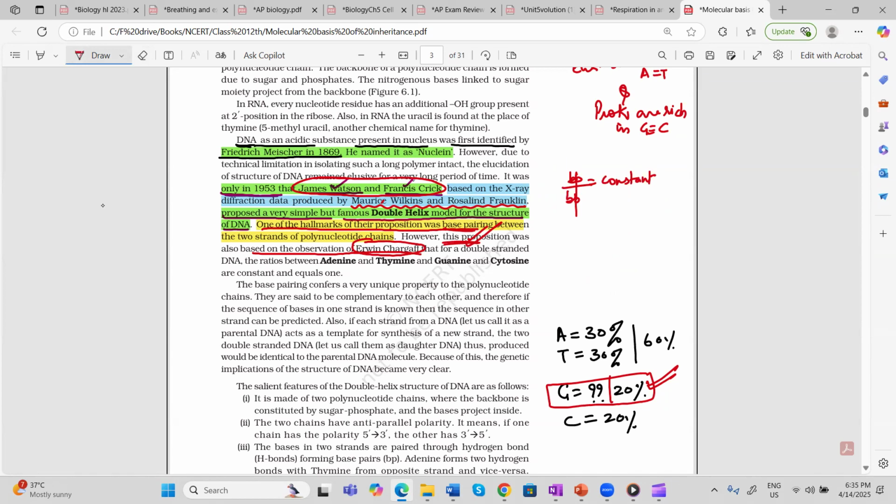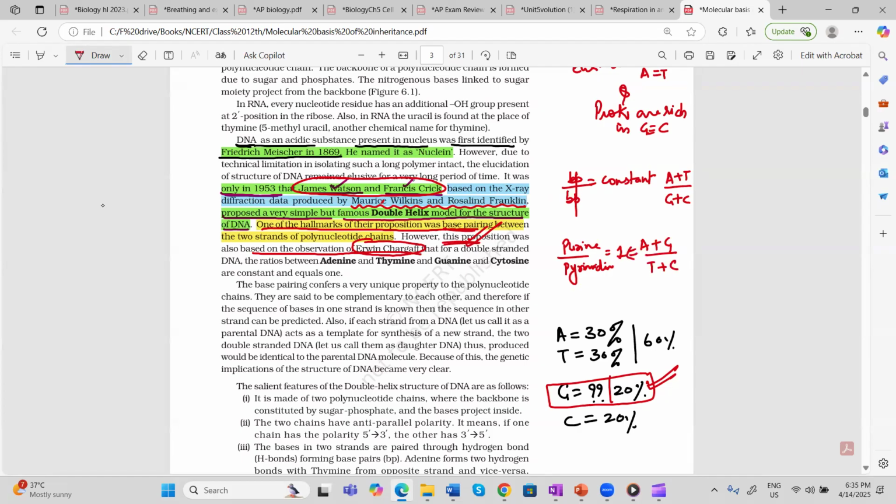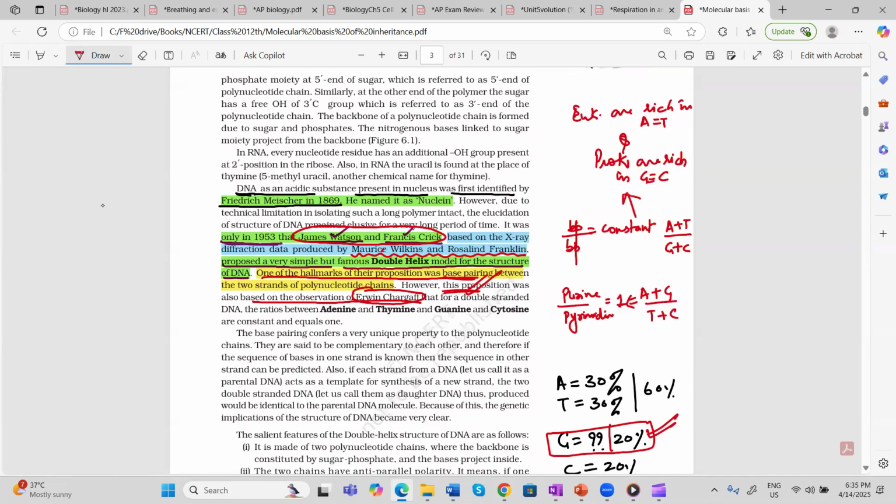Base pair by base pair means A plus T by G plus C. Then purine by pyrimidine equal to 1 means A plus G by T plus C is equal to 1. So understand the concept carefully. Up till here, please read it. If you have any doubt, then ask.